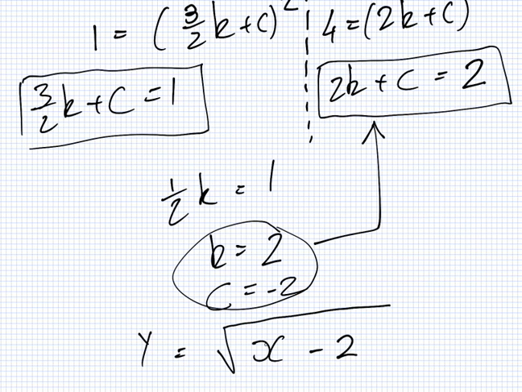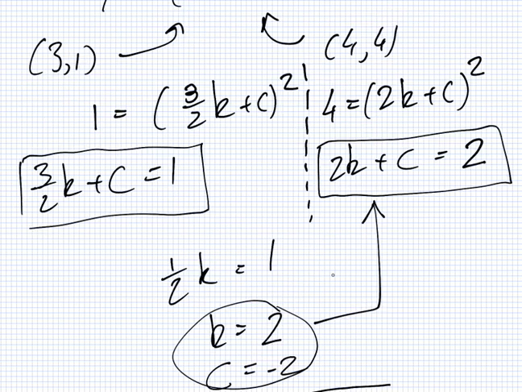Now we can check the answer, okay? If I put x as 3, what's 3 minus 2? Square root of 1? 1. And it is. Now, if I put in 4, oh no, something went wrong. Did I forget something somewhere?